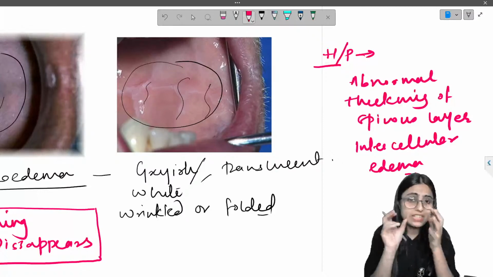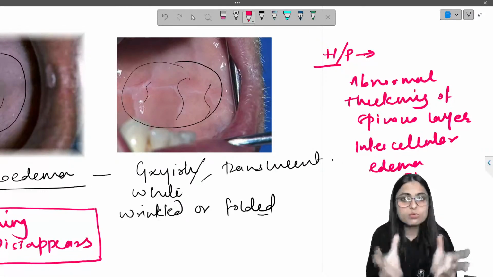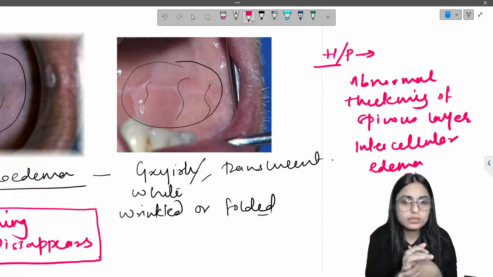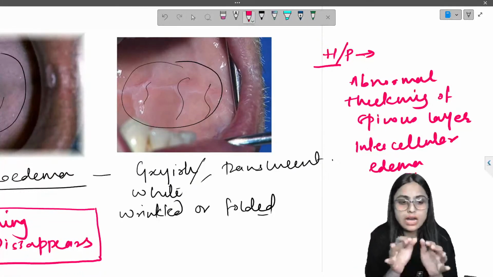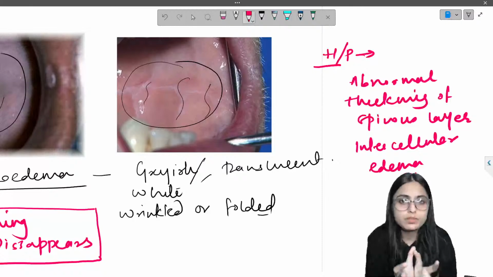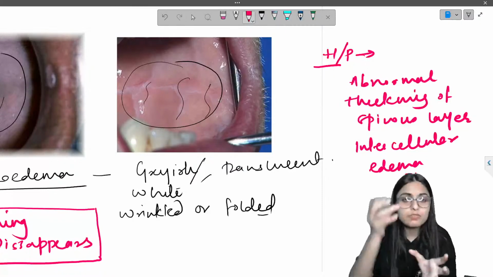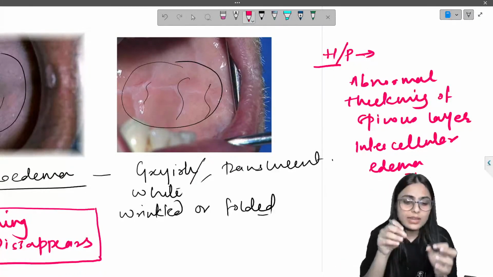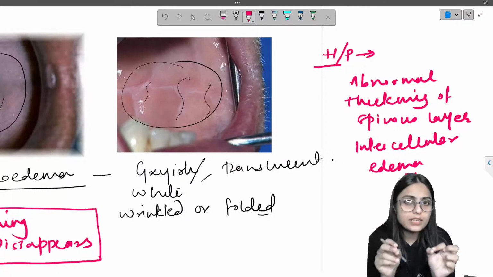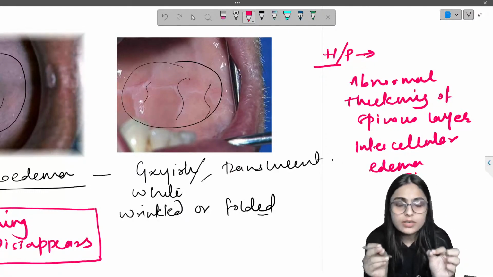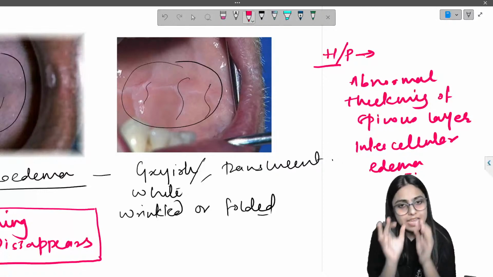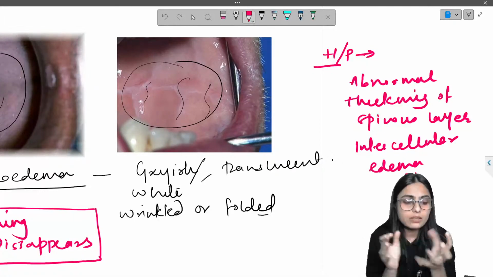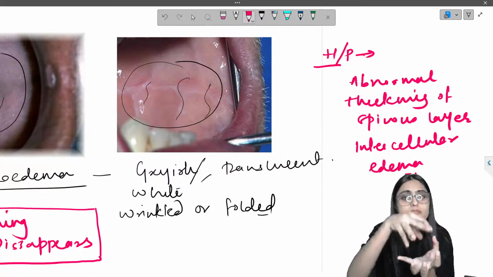So I'll give you a basic example. If you fill up a balloon with water, how does the balloon become? The balloon swells up when we fill water inside it, and how does the color change? It becomes more translucent, right? So the same mechanism applies over here when the cell is filled with fluid.